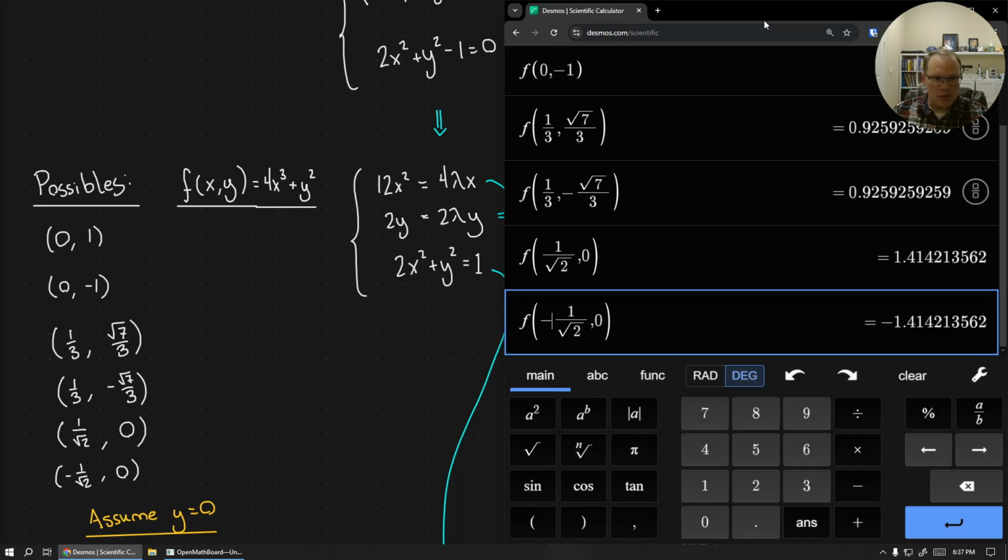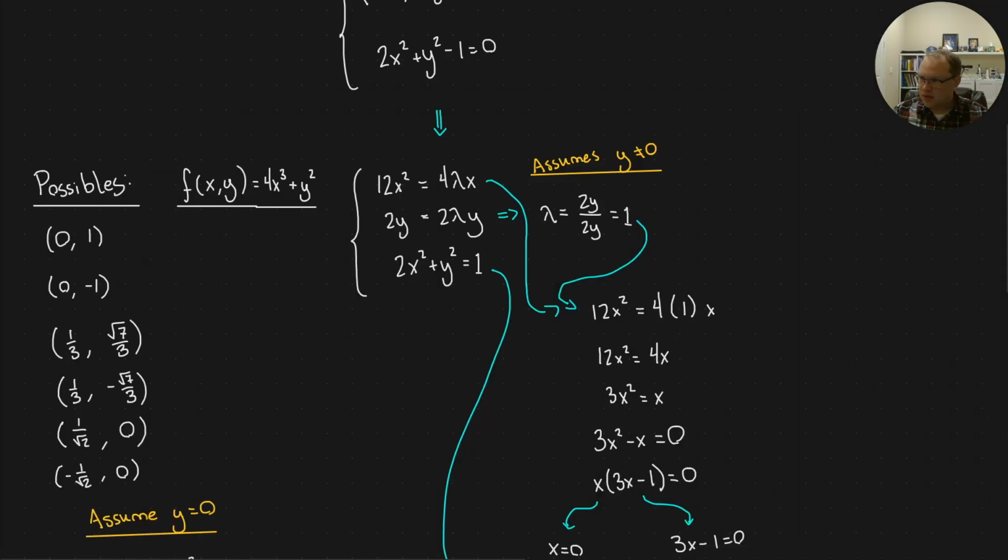Okay, let me plug those in. So this is 1, this is 1, this is 0.92593 about, and this is the same. And then I have 1.414 and negative 1.414.